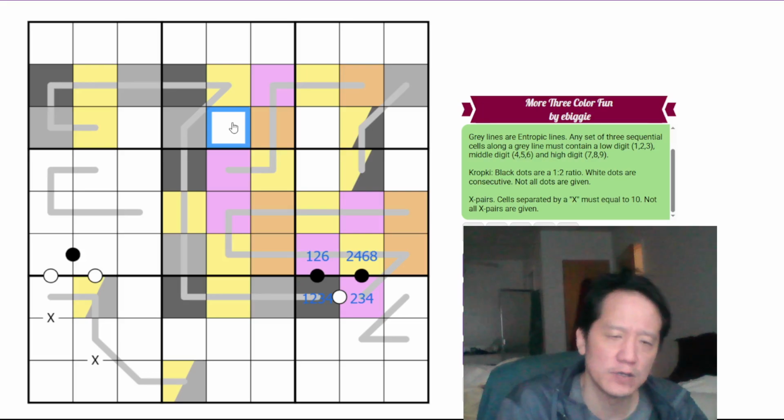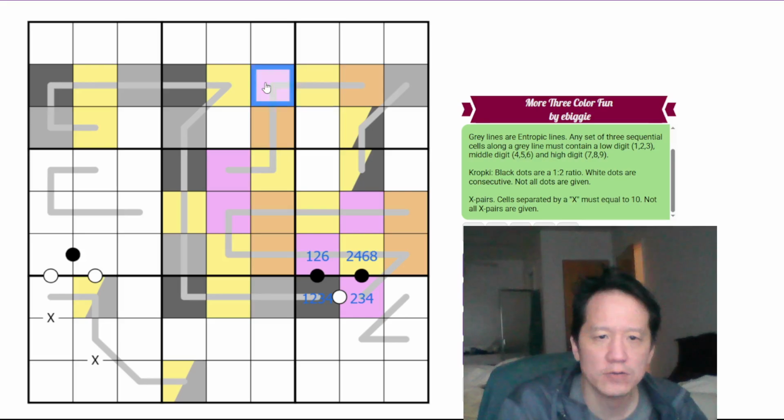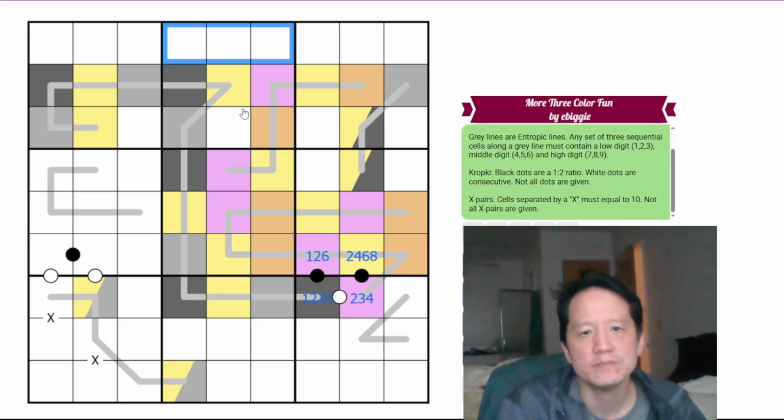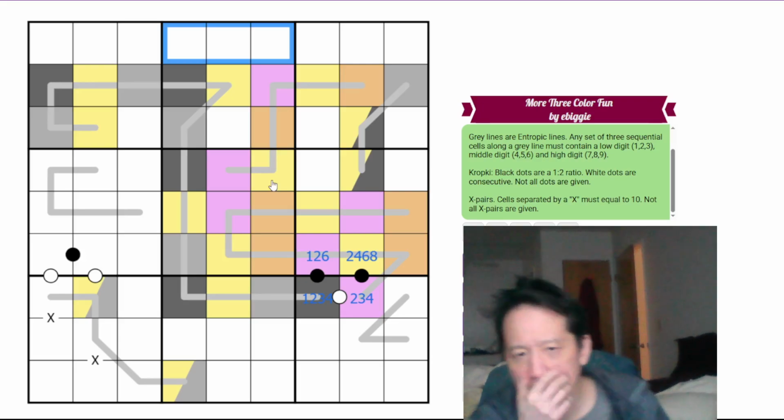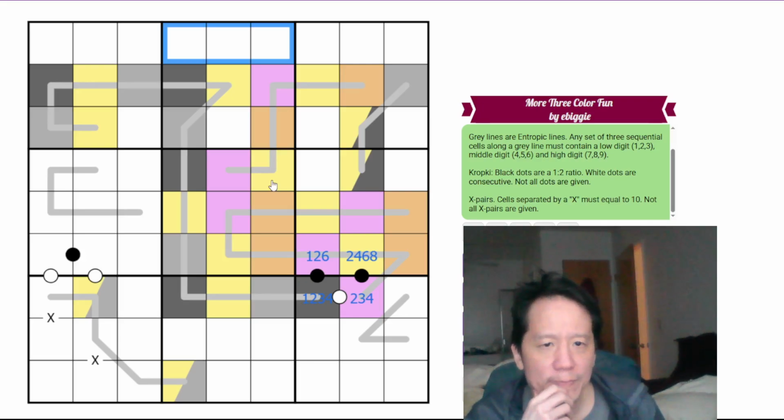This can't be yellow. Oh, none of these could be yellow. So we know there's 2 yellows in at least these 3 cells. Hmm. That doesn't help us much.